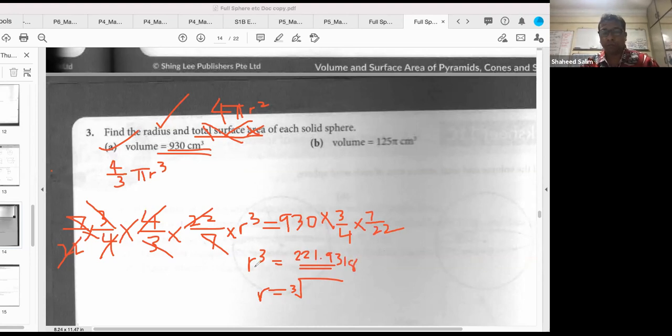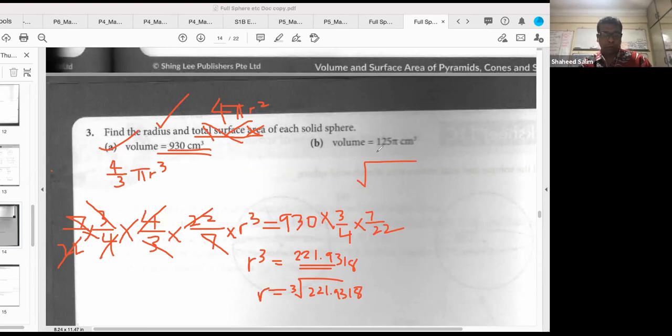Now in order to find R, you've got to cube root this. Put this value inside the calculator and cube root it. You know how to cube root? There is this sign here. You press shift, then press this sign. You go and press inverse this sign first on your calculator, and you have a cube root ready.